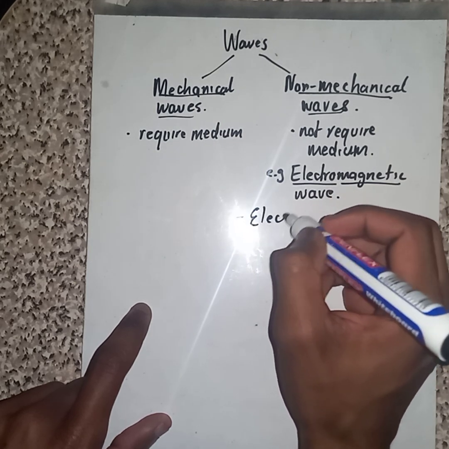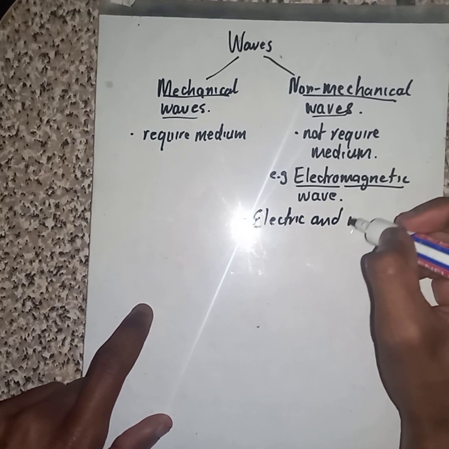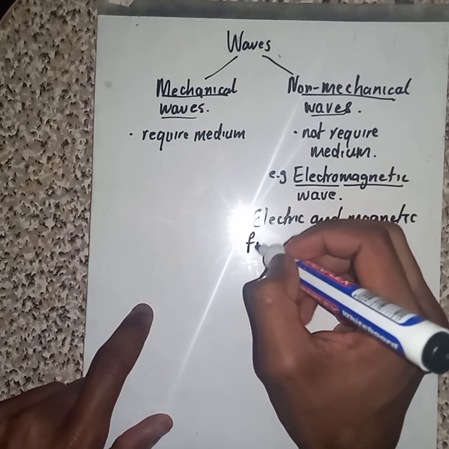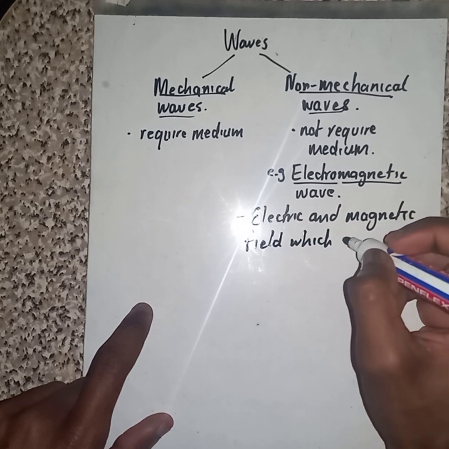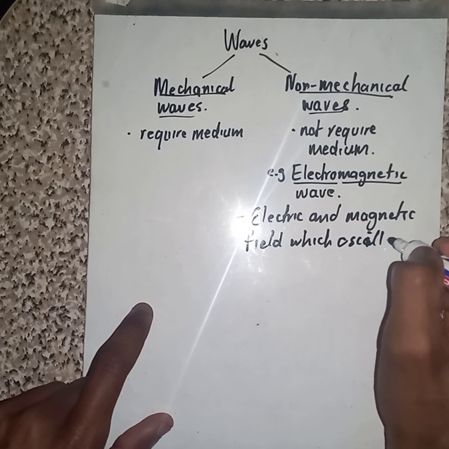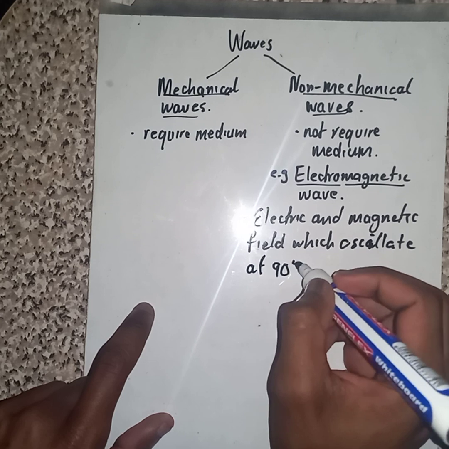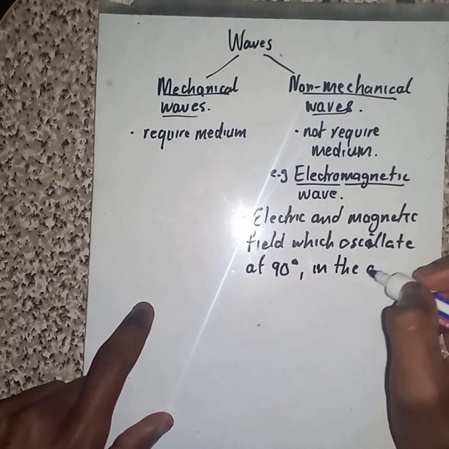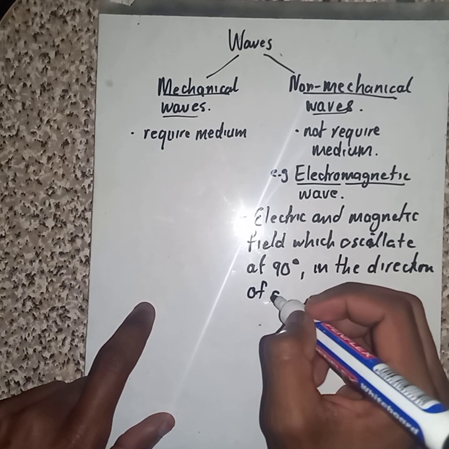Of electric and magnetic fields, which oscillate at 90 degrees in a direction of a wave.